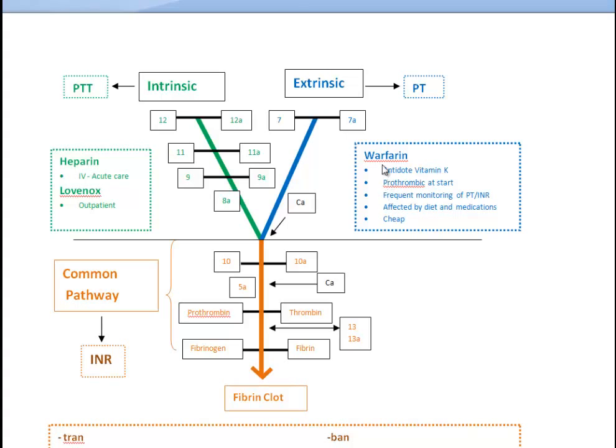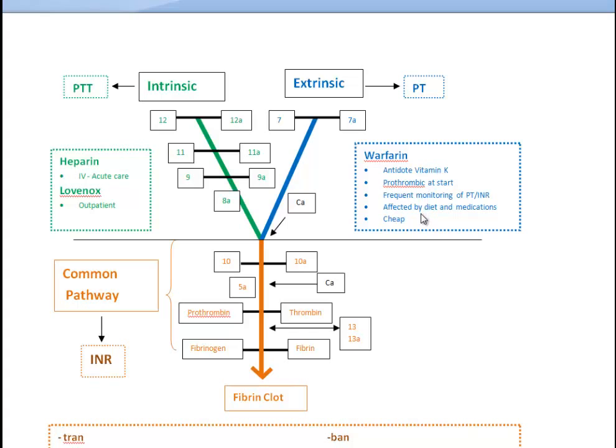Warfarin has an antidote: vitamin K will help reverse the warfarin. Warfarin can be prothrombotic at the start, so sometimes you need other drugs in addition to warfarin until it gets past that and becomes therapeutic.